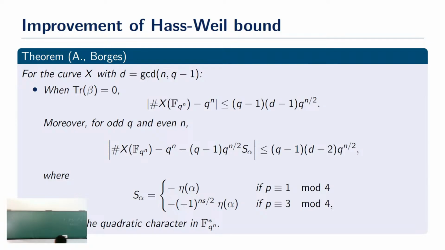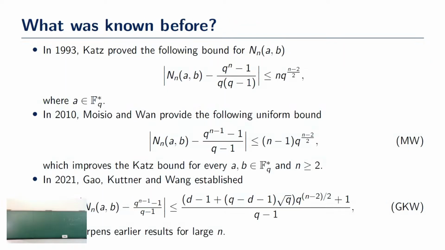If we compare these amounts, one interval is inside the other. For example, the center of the Katz interval is different from the center of the other interval. Yes, the center is different. But in Moisio 1, the improvement is for N, q, and m.